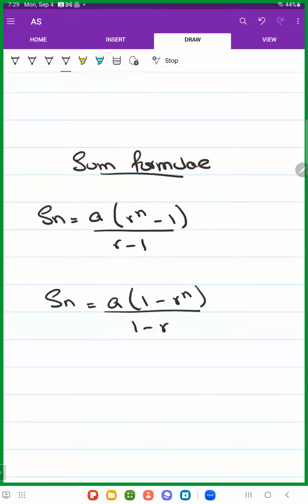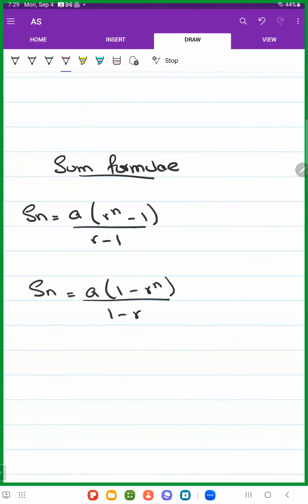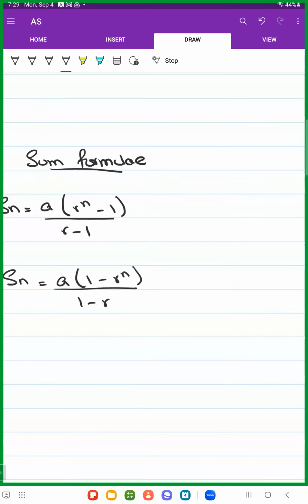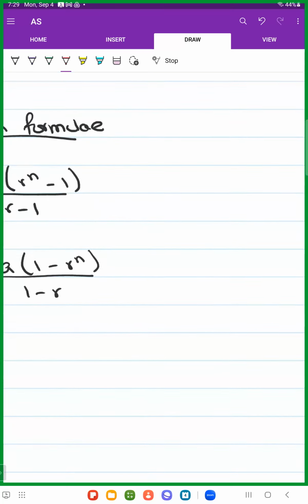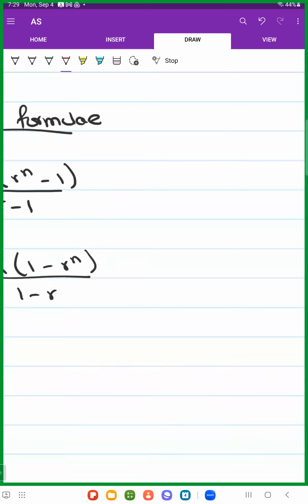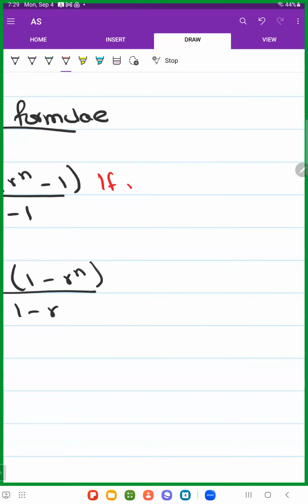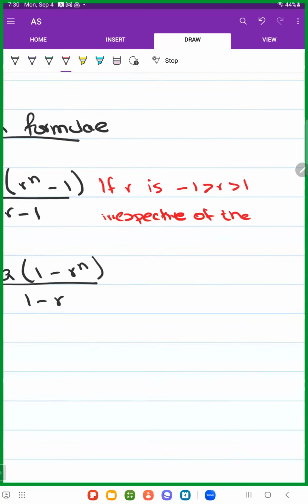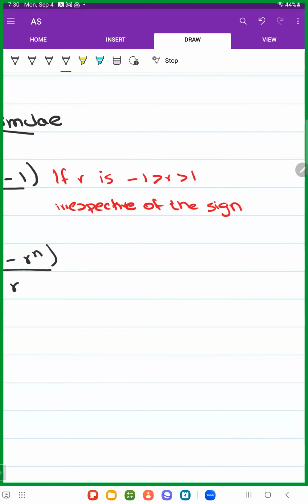Now, there are some conditions where we use either of these formulas. If R is greater than 1, then we use this one. If R is greater than minus 1 and lesser than 1, that means between minus 1 and 1, irrespective of the sign, we use this formula, the first one.